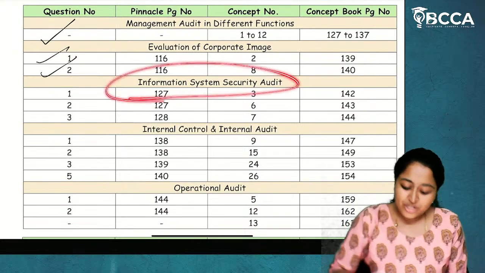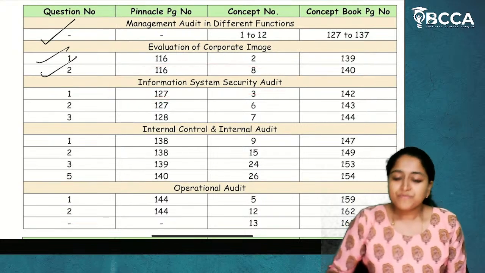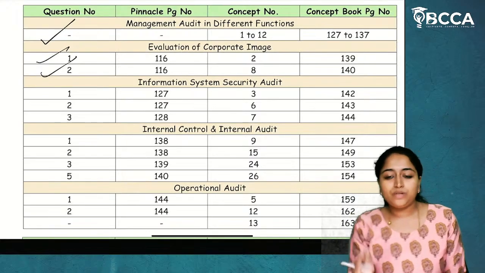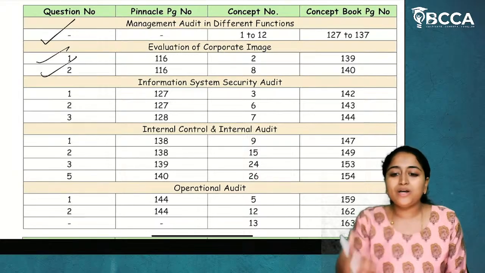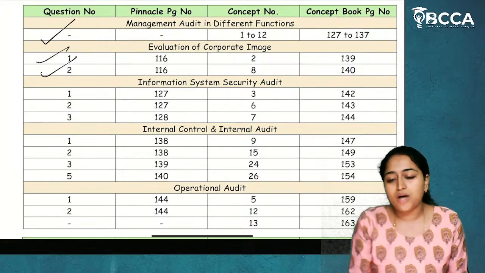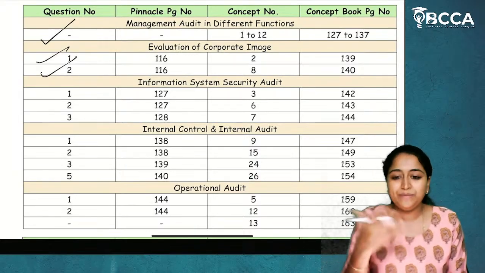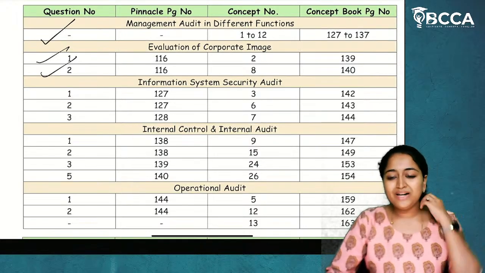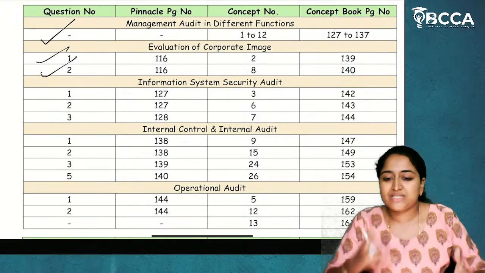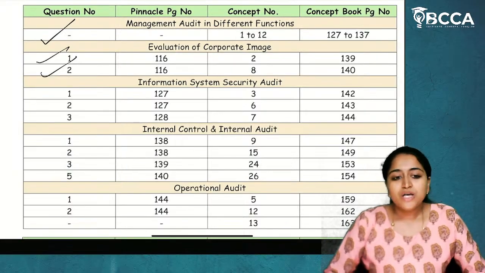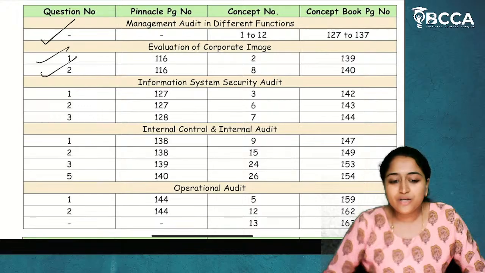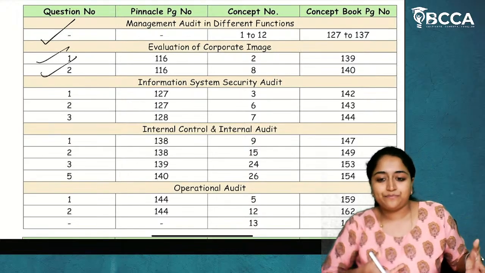Now, information system security audit. This is basically about information system security, which means all the organizations are now maintaining records on a computerized basis. All kinds of information, data, are stored in computers as systems. If we are maintaining records in books, how do we save them?